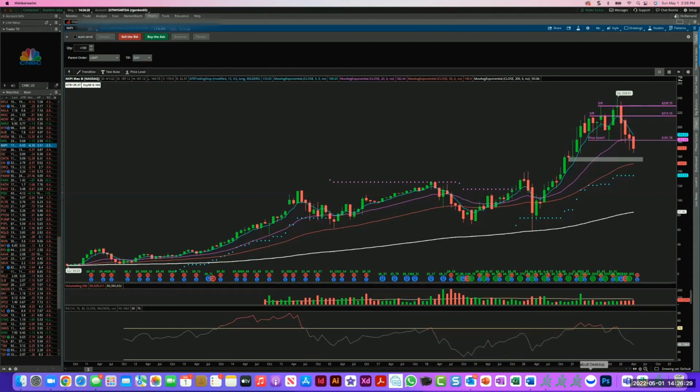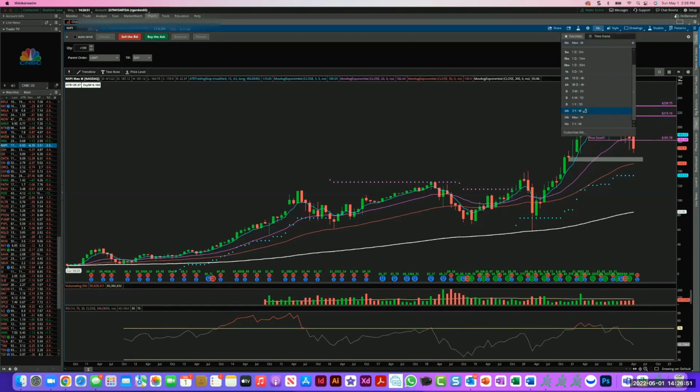So what you have here at the RSI is this is the overbought, and this is the oversold. So overbought is here, oversold is here. So clearly it's showing that NXPI is overbought here on the monthly.